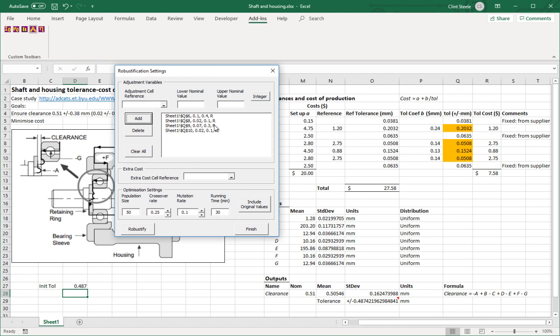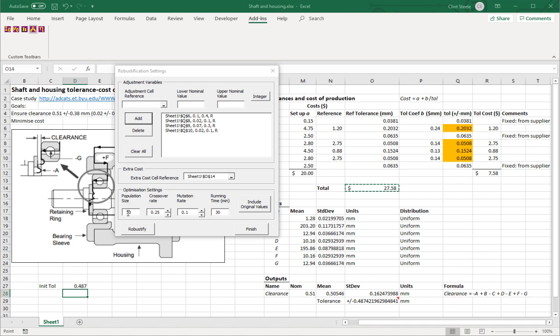And there is an extra cost here, and that is the cost of manufacture, so we'll put that one in there. Often when we do our robustification, we don't need to worry about these extra cost cells because we're just looking at the cost due to failure. But in this particular instance, we are actually specifically calculating the manufacturing cost, and we add that to the cost that we want to minimize in our optimization.